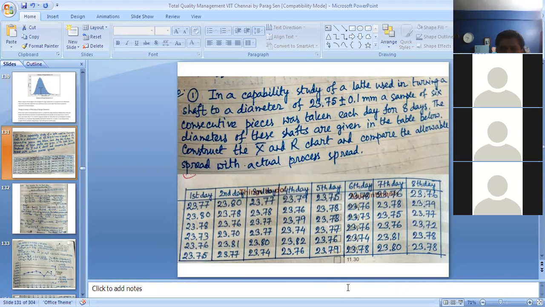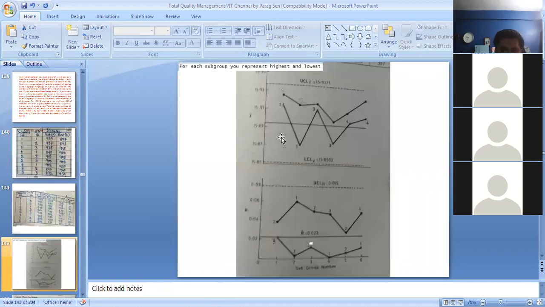And you will be trying to understand that, using the average values you are taking. If there are another 5 rows, you will be taking the averages of 5. Then if there are another 3 rows, you will be taking the averages of those 3 for the third machine. And you will be plotting those X bar values here.